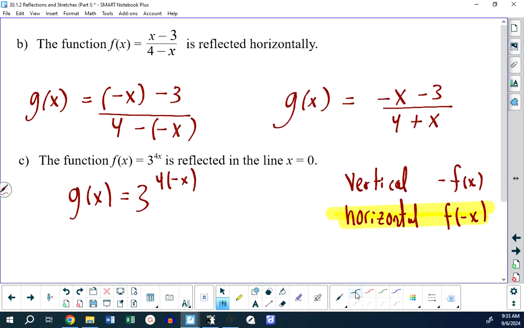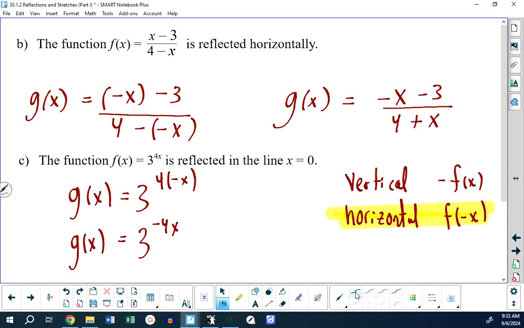So we substitute negative x in for x in the original function. Nobody writes 4 times negative x. We would write negative 4x. Okay with that?